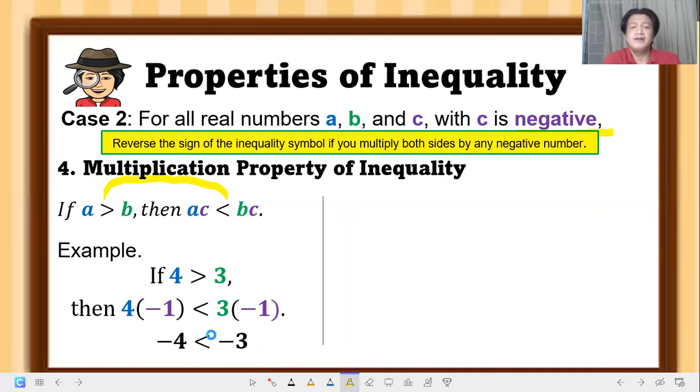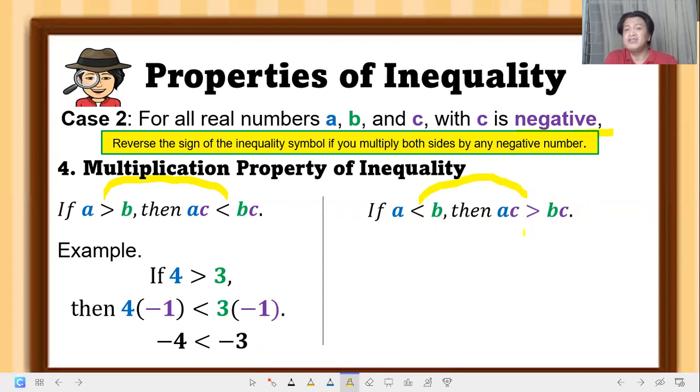Okay, let's have another. If A is less than B, then A times C is greater than B times C. If you're going to observe, the given symbol of the inequality here is less than. So naging greater than siya because of the rule, reverse the sign of the inequality. Okay, kasi any negative number multiplied becomes positive yon.